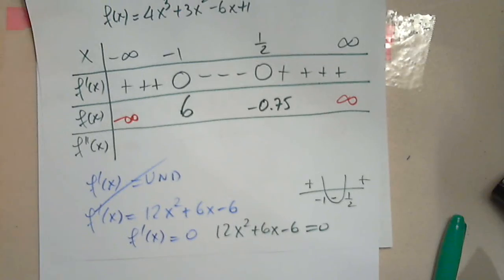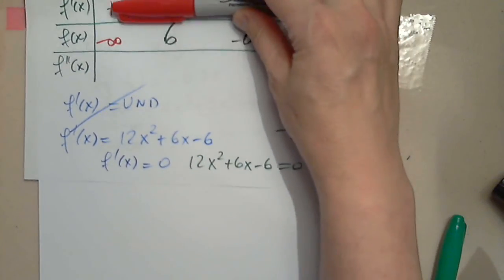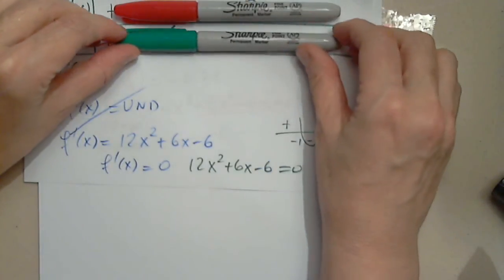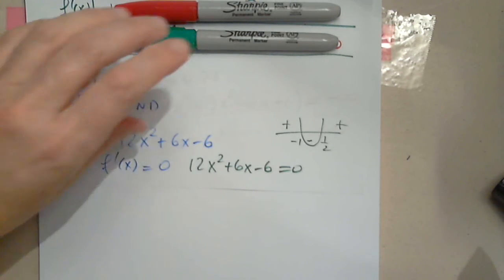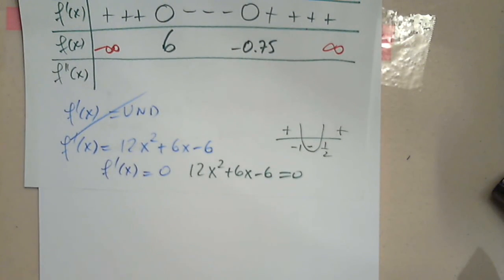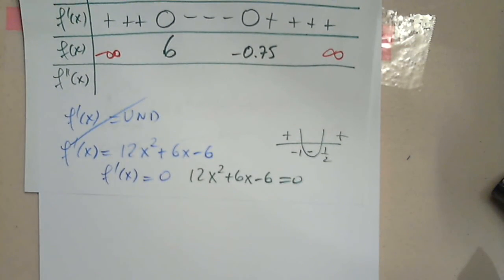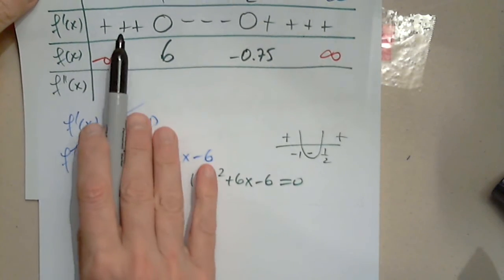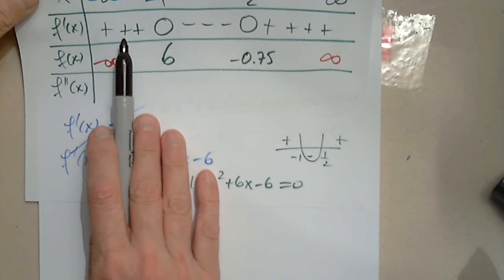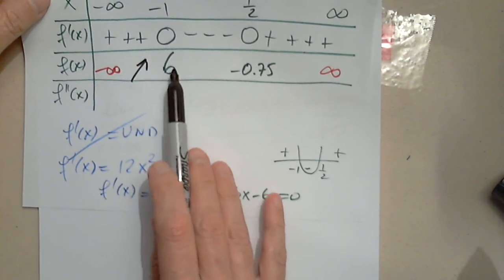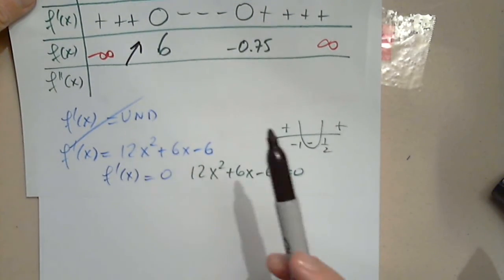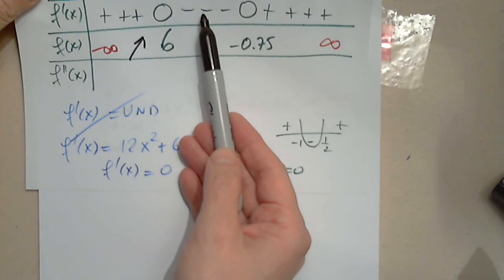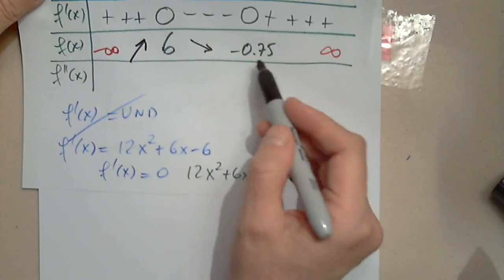Good. So now this is the moment of truth. I need to make sure that these two rows work well together. Because if they don't, I'll say oops and go back to the drawing board. Okay, from negative infinity to 6, what does the function do? Increases. Right. Is that supported by the sign of the first derivative? Yeah. Good. From 6 to negative 0.75, what does the function do? Decrease. Is that supported by the sign of the first derivative? Yes. And again here.